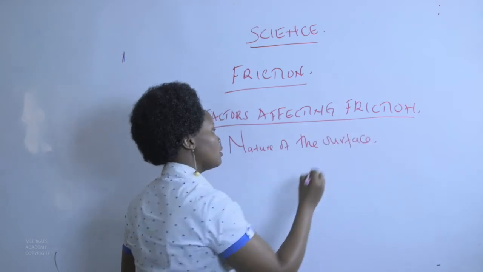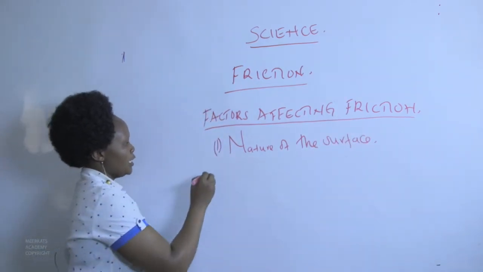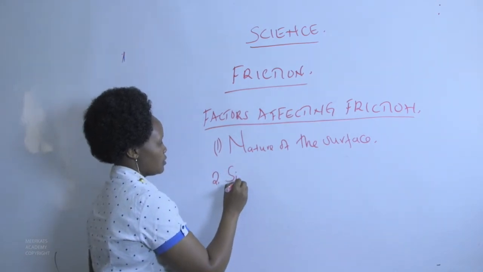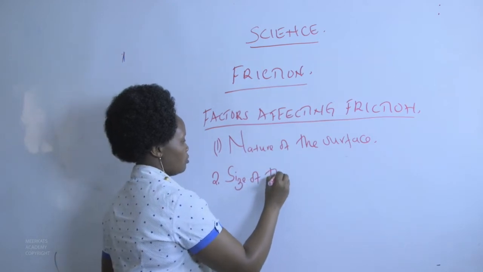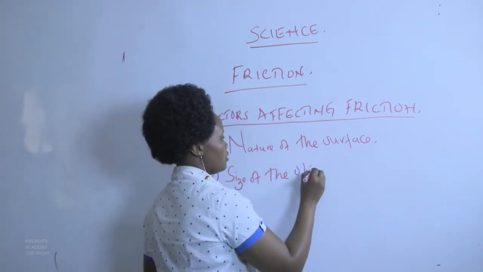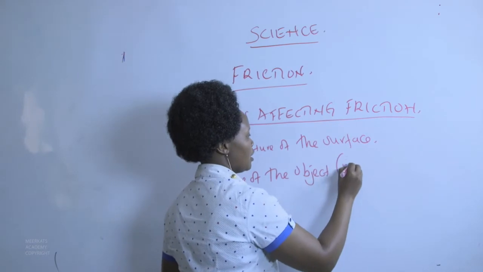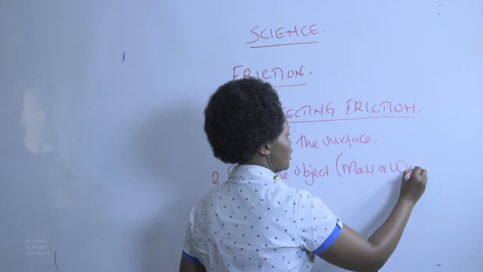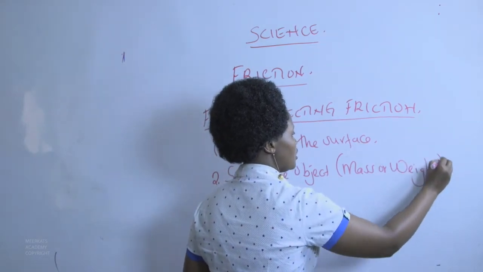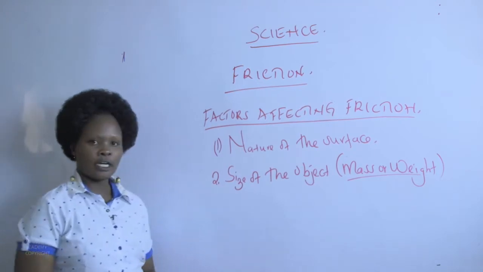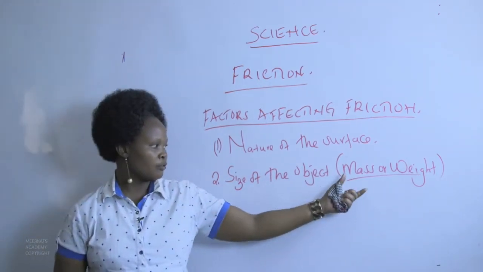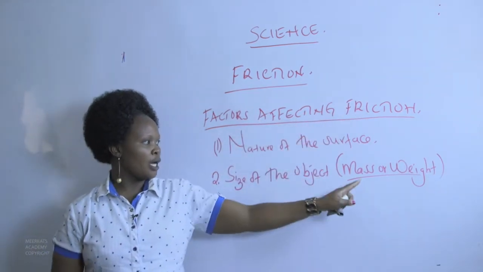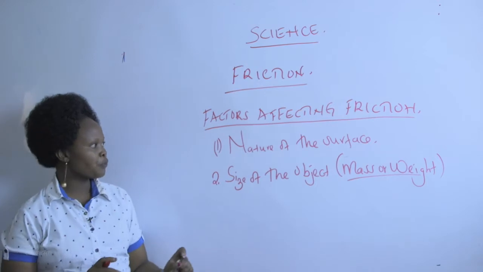Nature of the surface. And number two is the size of the object, or if you may, you can talk about the mass or the weight. Now, we shall look at mass and weight and how they are related. But for now, let us look at the factors affecting friction, and mass is one of them.